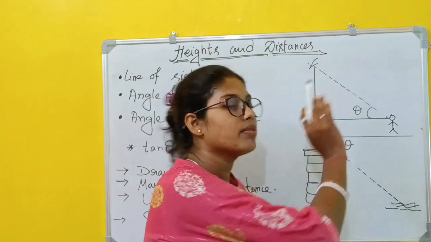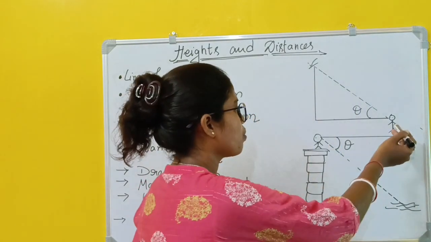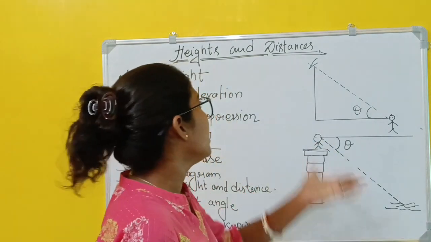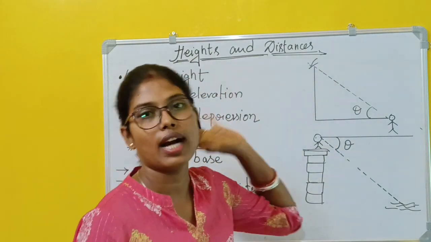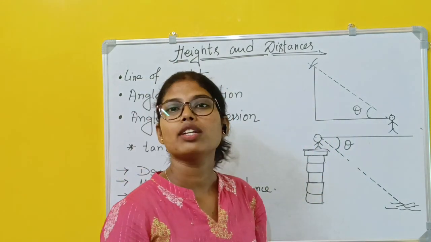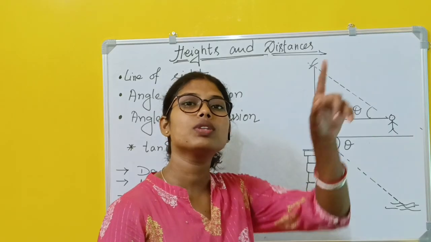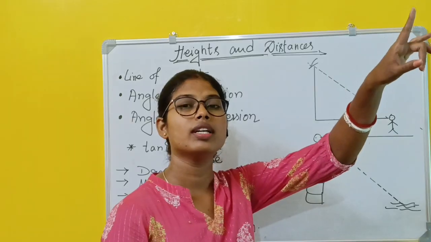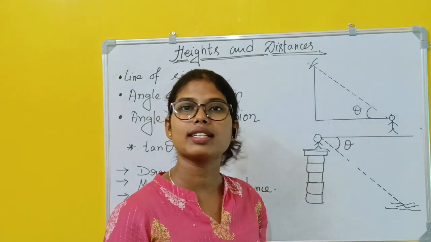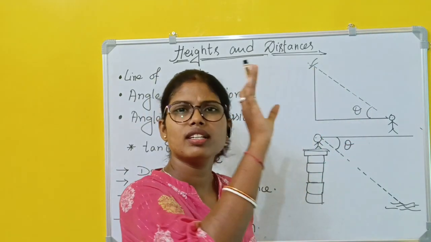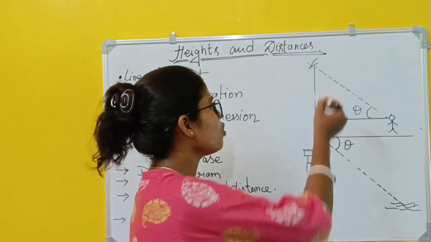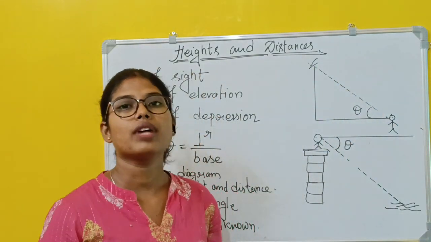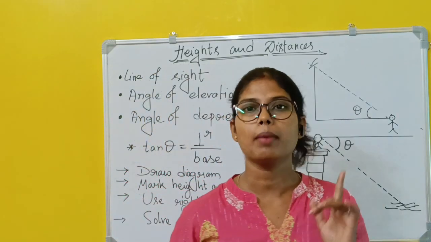I am drawing a rough diagram of a human being, a man or woman standing over there. Here is a bird flying in the sky. We cannot find the actual distance of the bird from the ground, because I can't go there to measure it. So if there is a bird flying and a man standing, how can we find the actual distance from the ground to the bird?